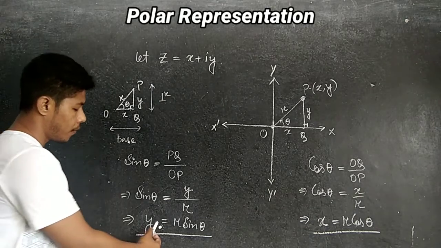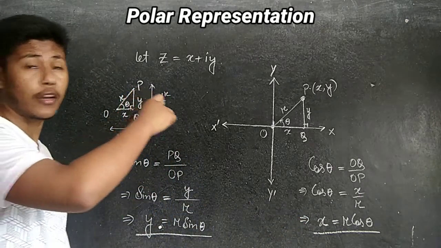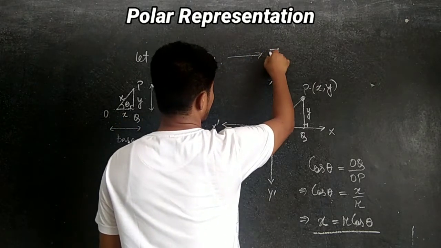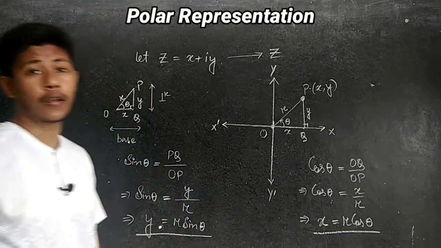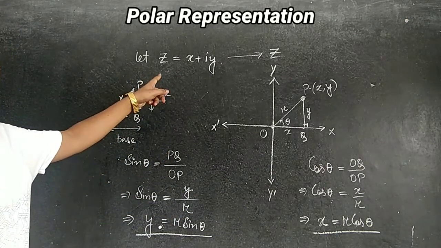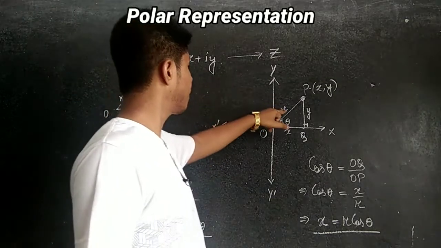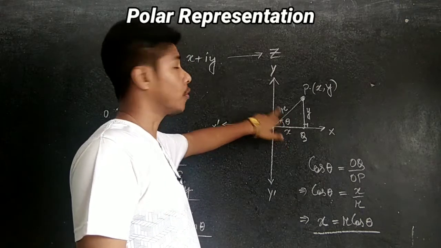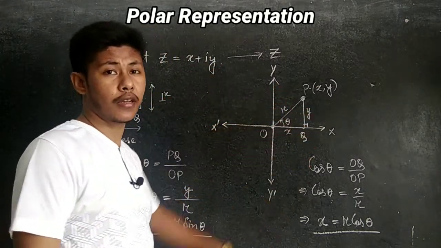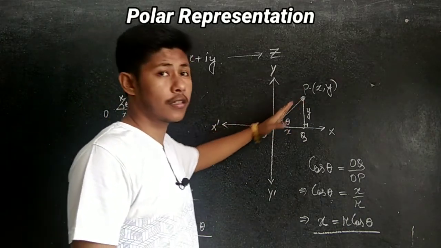So now we put these x and y values in the Cartesian form, which we already wrote down. The Cartesian form is this one. So in place of z, we can also write modulus of z, where z equals x plus iy, isn't it? In place of modulus of z we can write this distance.